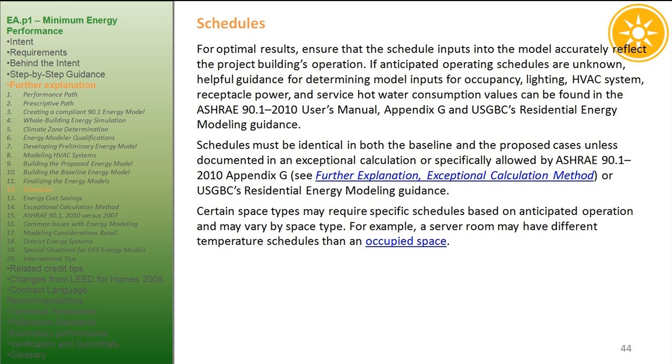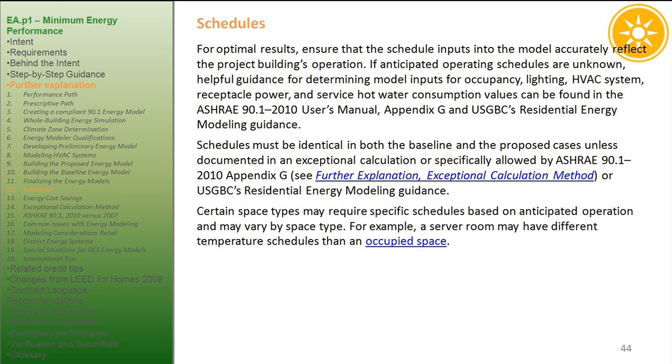Schedules must be identical in both the baseline and the proposed cases unless documented in an exceptional calculation or specifically allowed by ASHRAE 90.1 2010 Appendix G. See further explanation, Exceptional Calculation Method, or USGBC's Residential Energy Modeling Guidance.